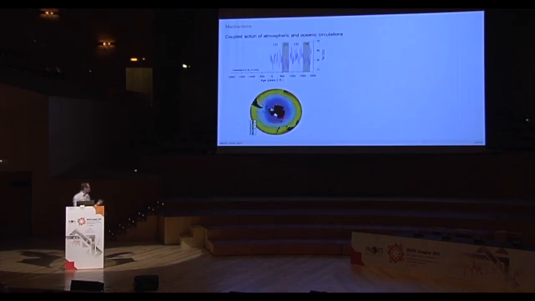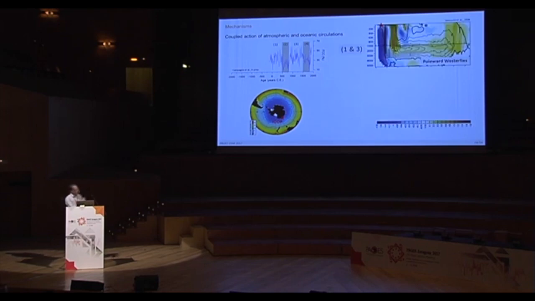So when we have potential forcings, after that we looked for the mechanisms behind this. And we thought that this is a coupled action of atmospheric and oceanic circulations. For the phases when we've got a lot of sea ice close to the continent here in the IODP core, phases 1 and 3, the environmental studies from the southern hemisphere argue for a polar position of the westerlies.